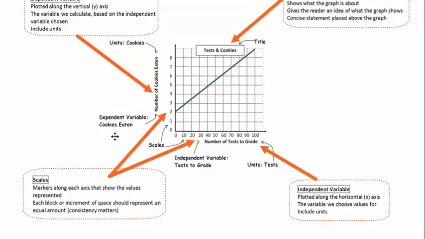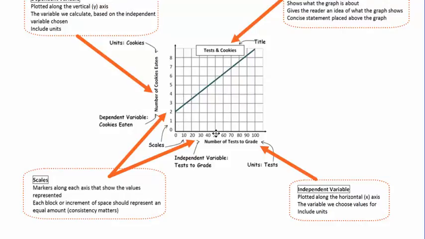What's really important with the scales, it says down here, consistency matters. That just means you can't go from 0 to 1 and then for the same distance, like 1 square, jump and make that 5, and then the next time make it 2, and then the next time make it 20. We need to be consistent. Each of my squares going upward is 1, so you can count in order 1, 2, 3, 4, 5.